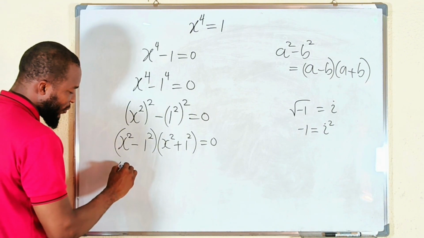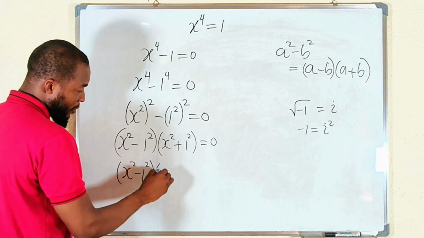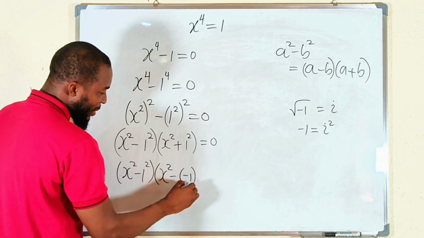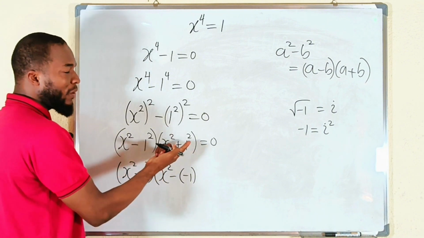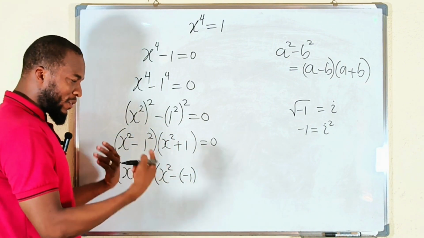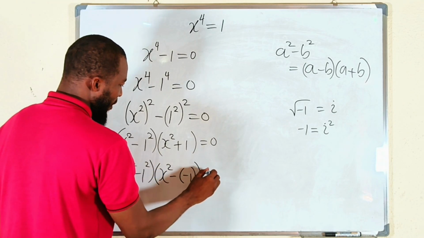So let me rewrite this one. We have x squared minus 1 squared multiplied by x squared minus 1. Remember, minus 1 is plus 1, right? Without even writing the power, because you know that 1 squared is still 1. So we have not changed anything here.